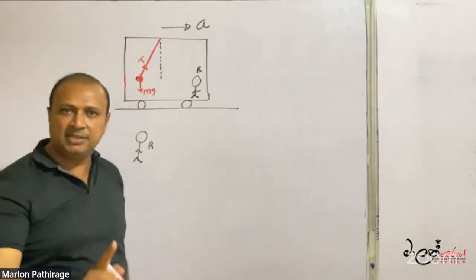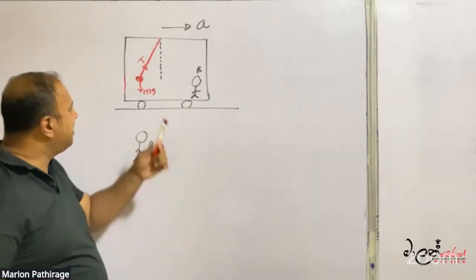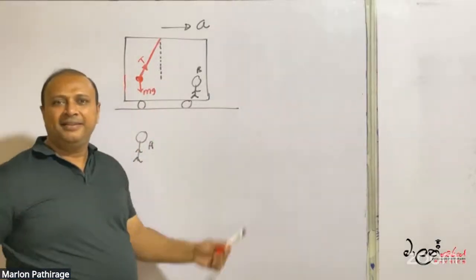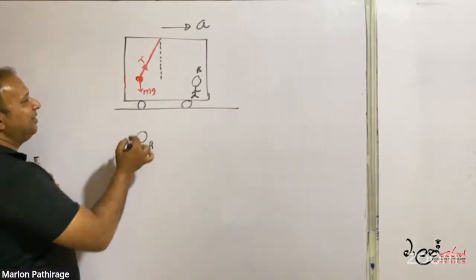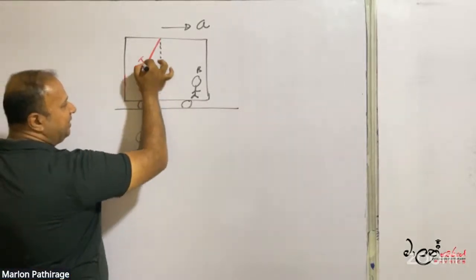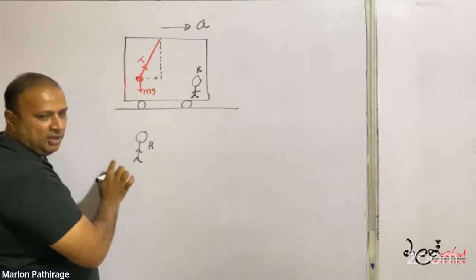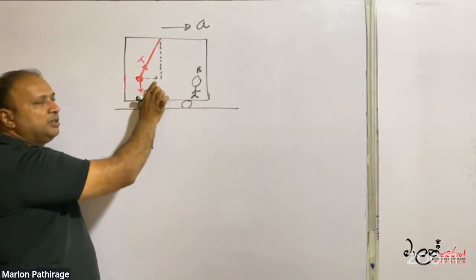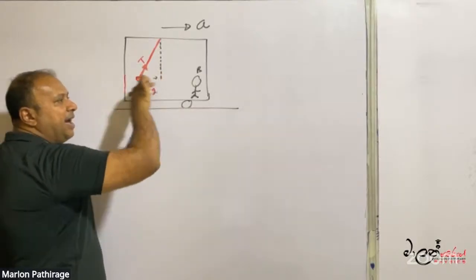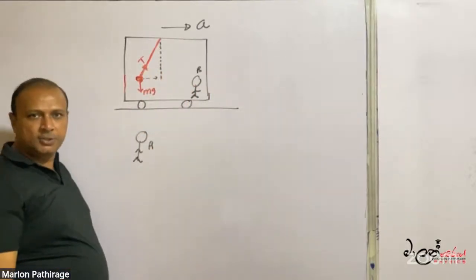That external unbalanced force will be supplied by this tension force, because you know there is a resolved component of this tension force into this direction. That resolved component will supply the required force.